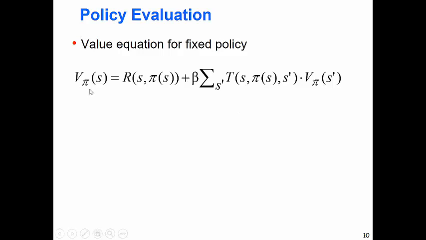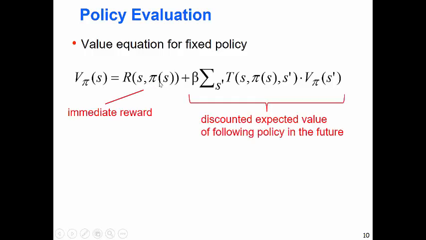So the value of a policy at state S is equal to the immediate reward you get, right? And notice here where we've got the policy inside, that's the action you're going to take, plus the discounted expected value of the next state, right? Under this policy. And so we have to do a discount factor because it's one step in the future, right? That value we get in the next state is going to be discounted.